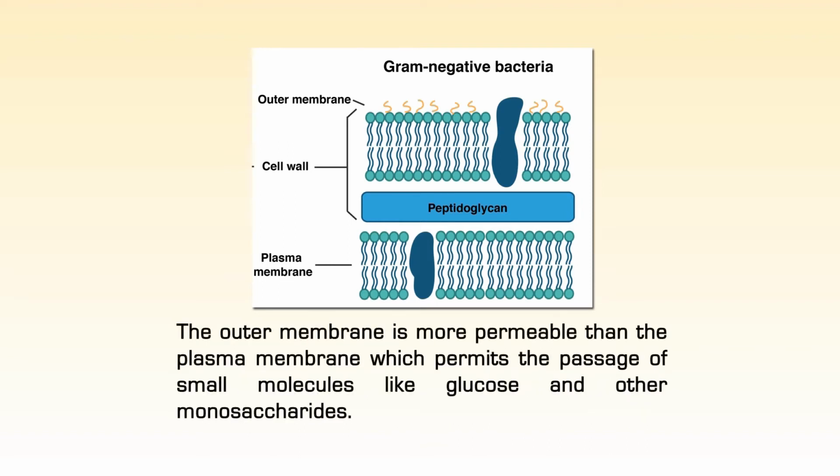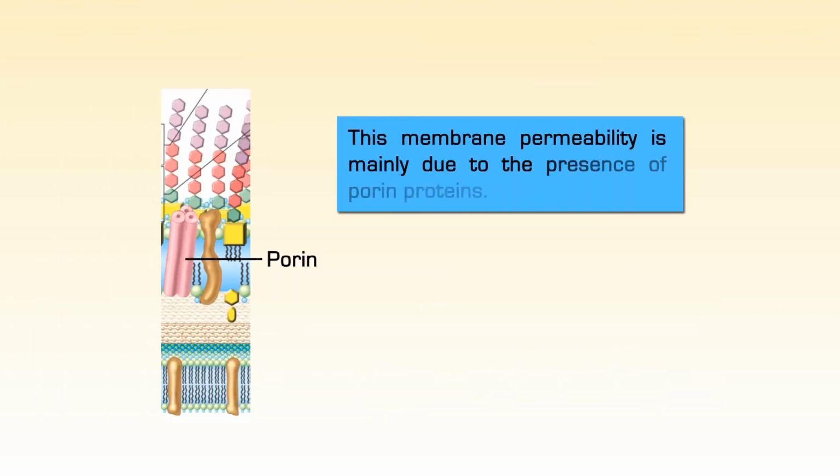Also, the outer membrane is more permeable compared to the plasma membrane, which permits the passage of small molecules like glucose and other monosaccharides. This membrane permeability is mainly due to the presence of porin proteins.